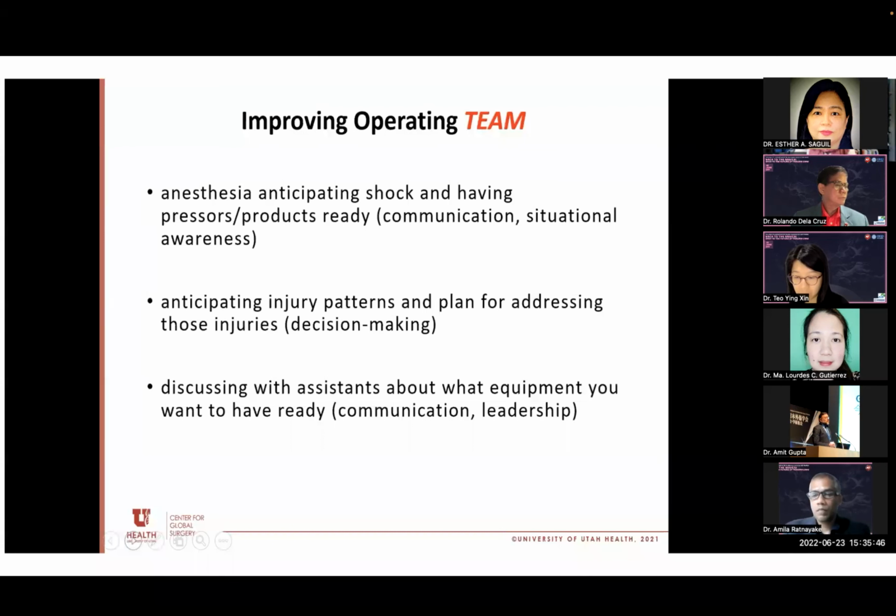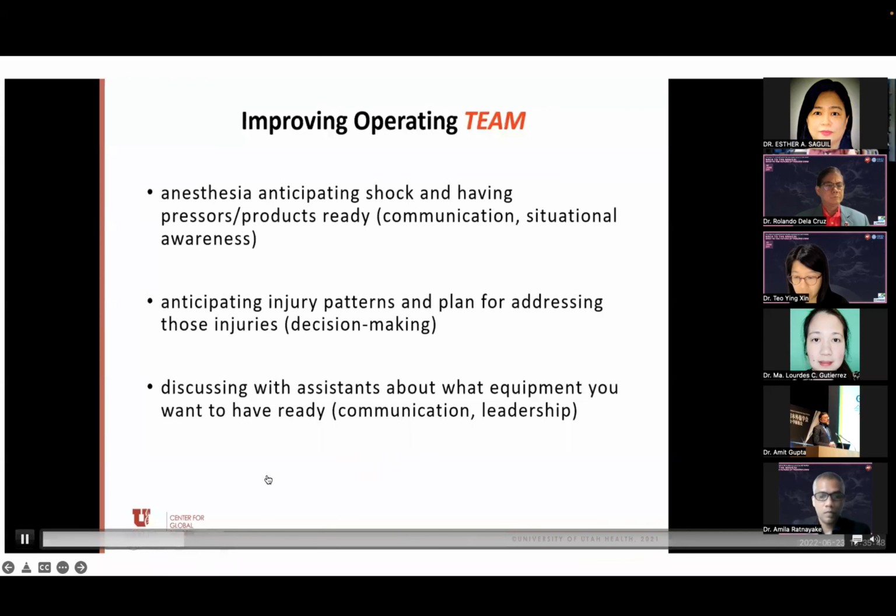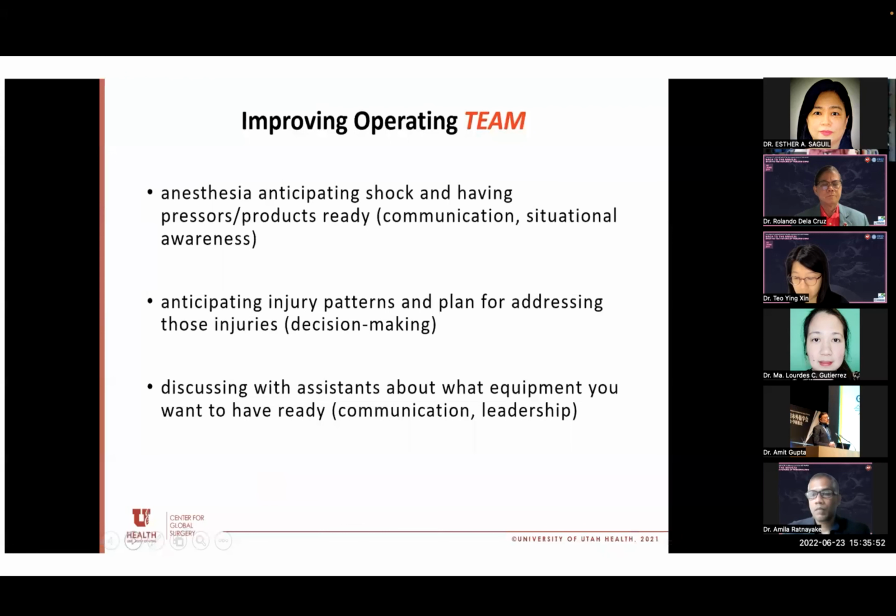For the anesthesia team to know that you are struggling with hemorrhage control, and for them to notice that you're going through a lot of towels or laparotomy pads or sponges, and controlling bleeding is essential situational awareness. Your decision-making and anticipating injury patterns and planning to address those injury patterns rapidly is essential.